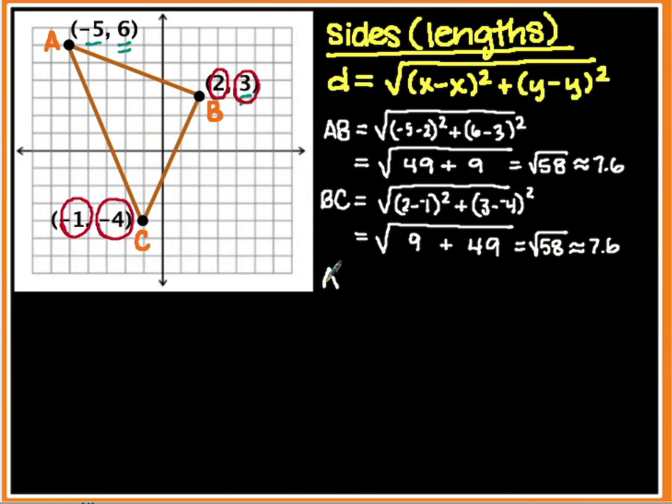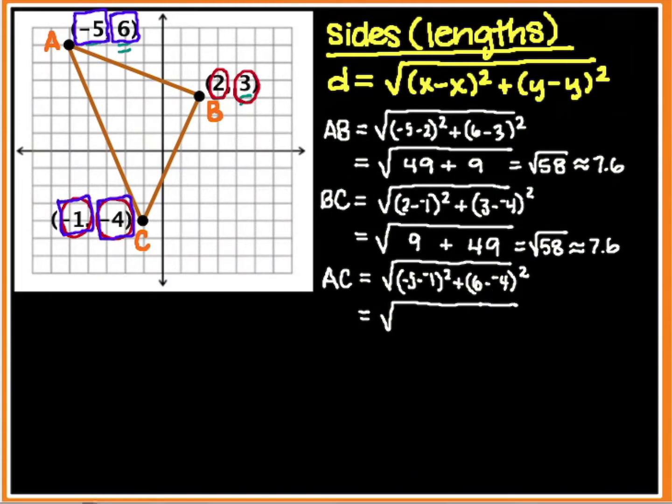Finally, the length of that third side, AC. X minus x and y minus y. That comes out to negative 4 squared, which is positive 16, and 10 squared, which is 100.